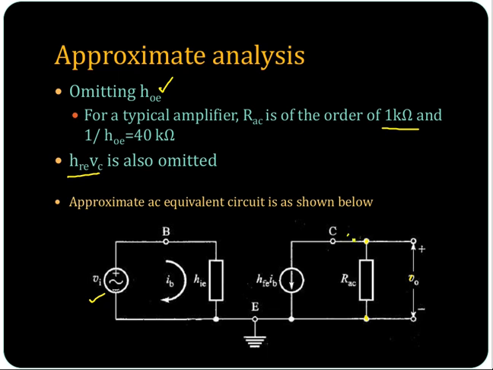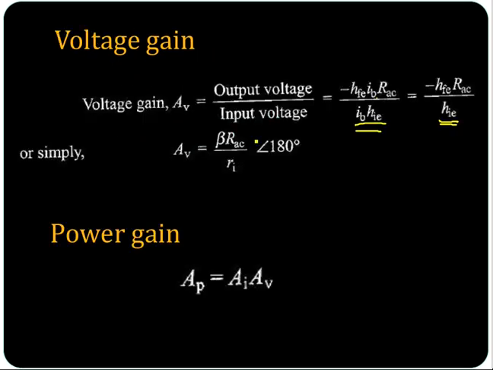This is the current direction. So you get AV equal to beta RC by RI, and in polar form, you represent the negative sign as a phase shift, this angle of 180 degrees. So AV is beta RC by RI, HIE. Remember, HFE is equal to beta, and HIE equals the input dynamic resistance.